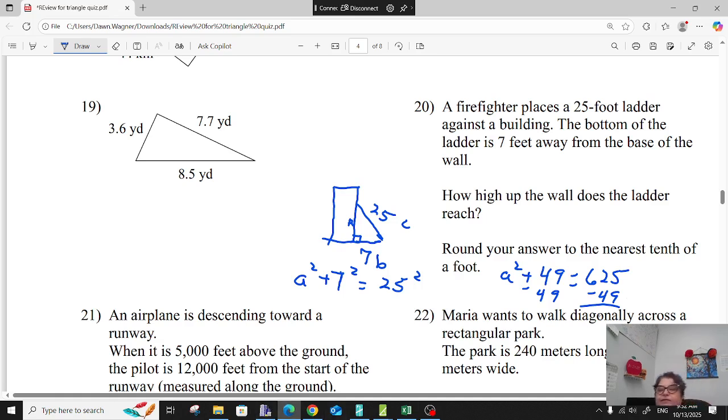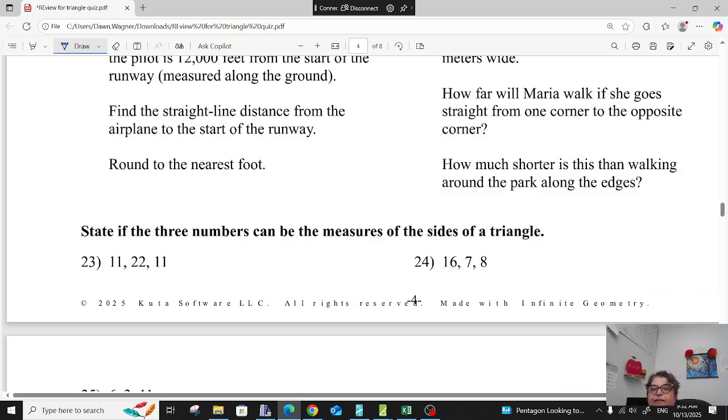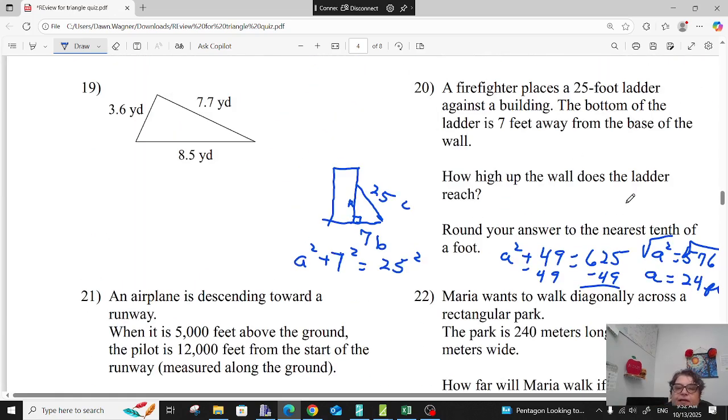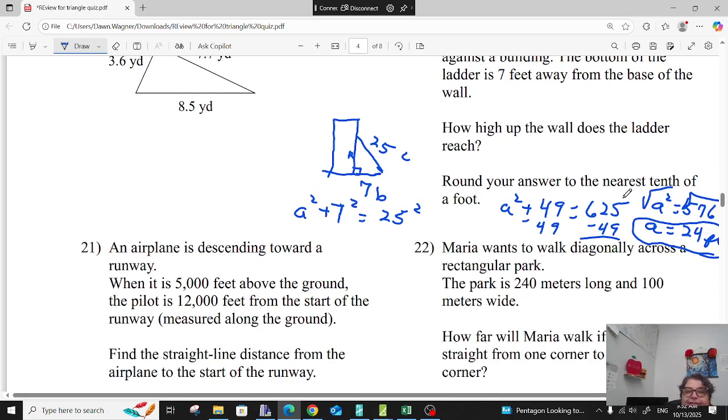So A squared equals 576. You have to take the square root of both sides. So what does A equal? 24 feet. I hope the fireman that comes to save me knows how to do his geometry. Okay.